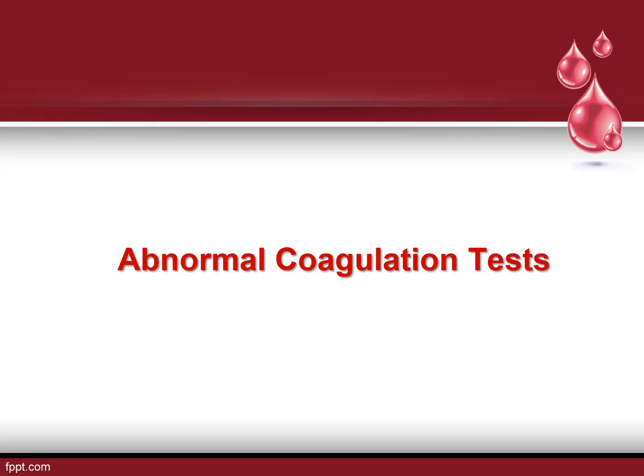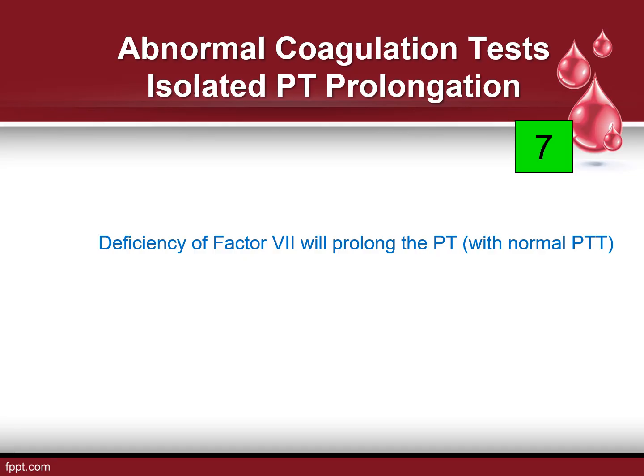We are going to talk about abnormal coagulation tests. For example, if there is prolonged PT-INR with normal PTT, think about factor 7 abnormality or deficiency, because as we know, PT evaluates the extrinsic pathway.